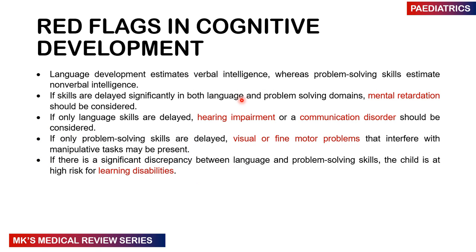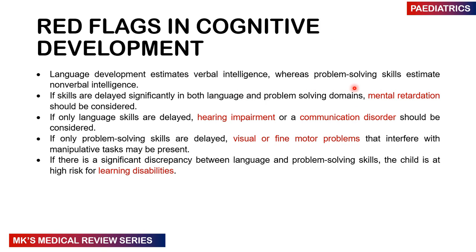So what are some of the red flags in cognitive development? You could have language development estimate verbal intelligence, whereas problem-solving skills estimate nonverbal intelligence. So if both skills are delayed, it's going to affect the language, it's going to affect problem solving skills or problem solving domains.